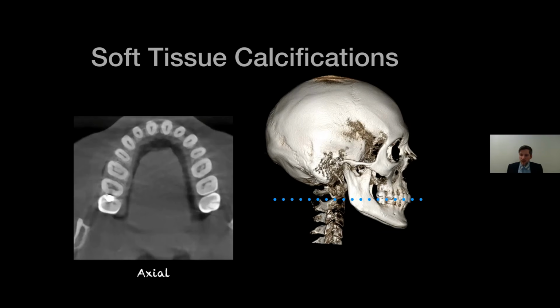Yes, so I would base that off of making sure in your settings on your machine, both a conventional pan or a cone beam, that when you're imaging a kiddo you use the child setting for conventional pan. But for a cone beam scan, I would suggest using the low dose protocol.